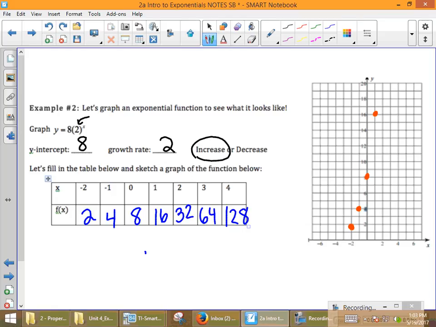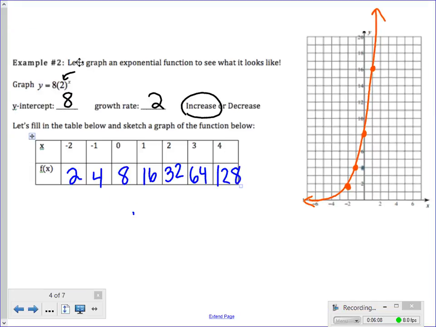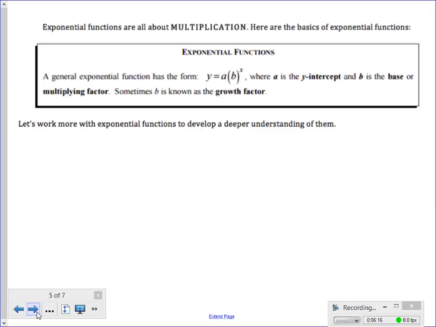Okay, so I'm going to sketch this graph here. It actually is going to come up like this and just keep going up forever. That's the shape of an exponential function. It's a curved graph. It starts going up kind of slowly, then all of a sudden it shoots up really fast at the end. All right, so this is summarizing, and then we're going to move forward again.